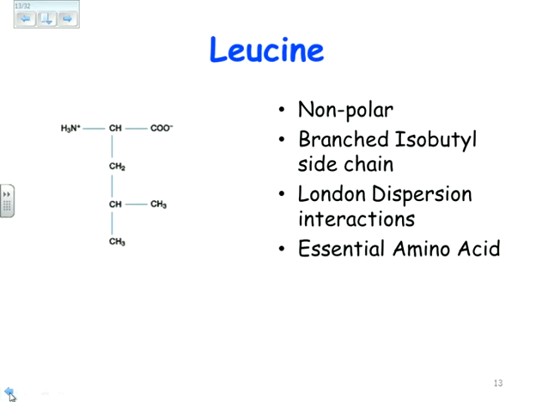Yes? Which nitrogen? Oh, the one. It depends if you're looking at it neutral or with the charge. You can actually draw it either way. It depends, like outside of the body.